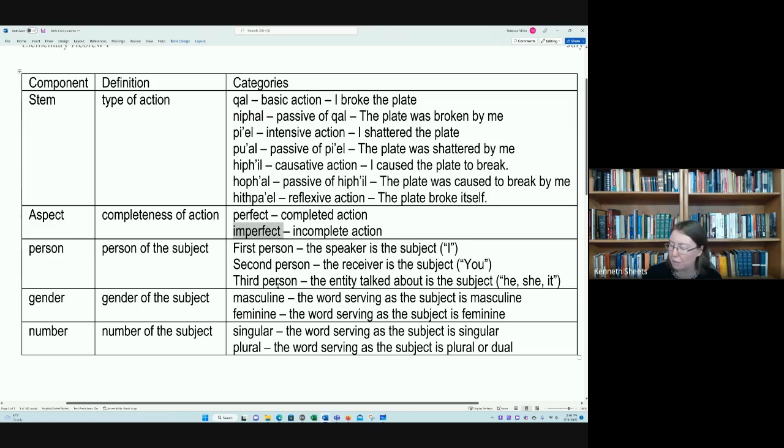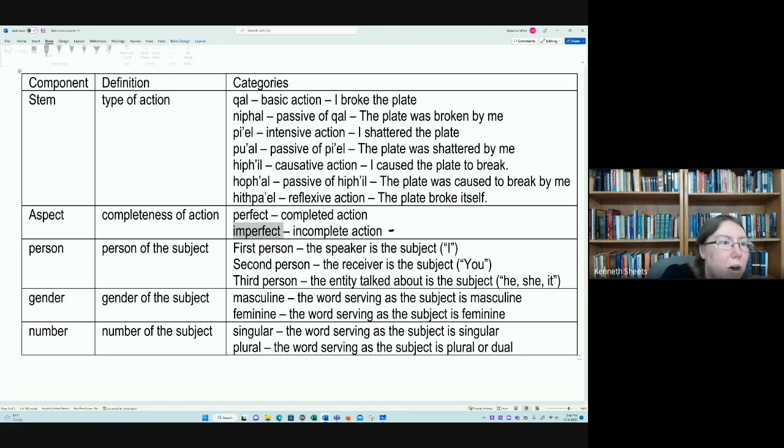And one of the things that distinguishes the perfect from the imperfect is that the imperfect is going to have what we call an imperfect preformative. And there are four different imperfect preformatives. We have the aleph, the yod, the tau, and the nun, where the aleph is going to indicate first common singular.